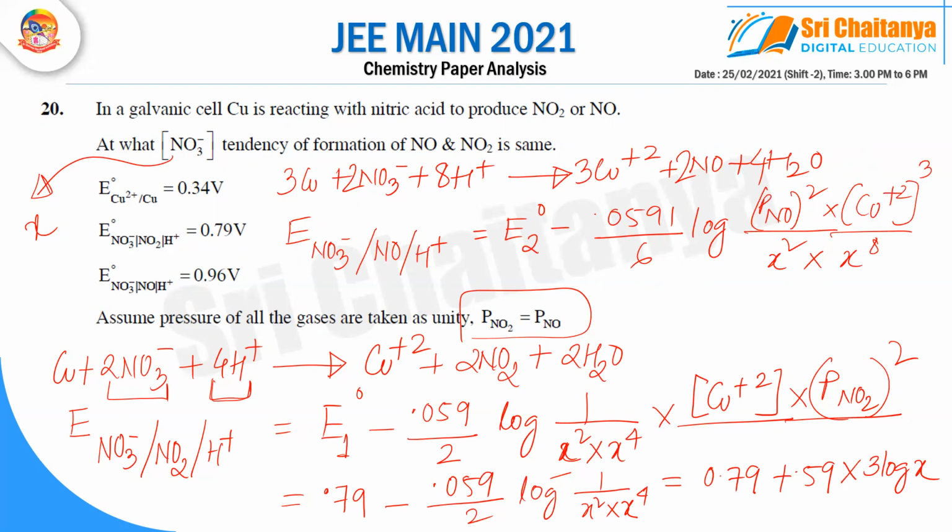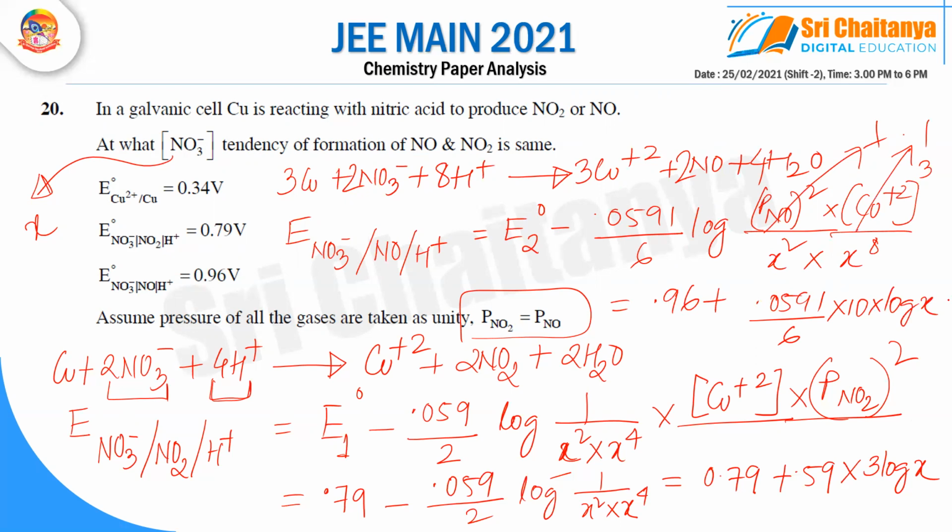Now, like the earlier time, we will assume it to be 1 and also assume it to be 1. And this further simplifies into 0.96 plus 0.0591 divided by 6 into 10 into log x.